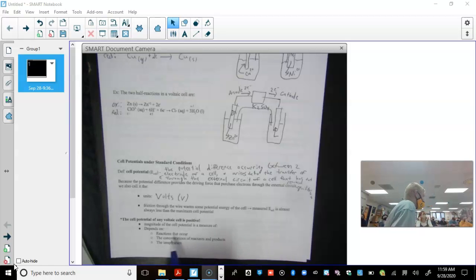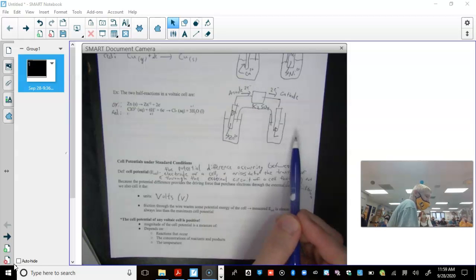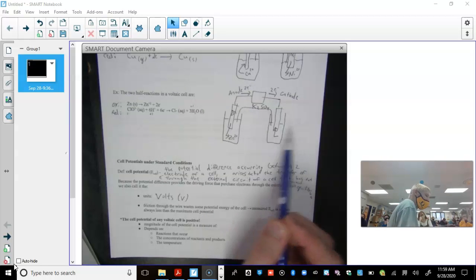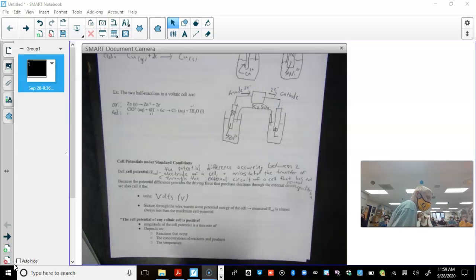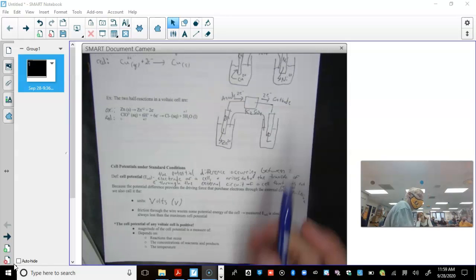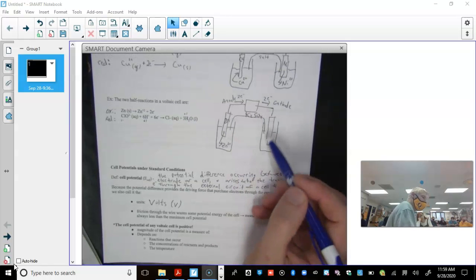So it depends upon the reactions, like the half reactions, is it oxidation reduction of zinc and hydrogen, or copper and nickel, the concentration, so the molarity has an impact, and then the temperature. Yeah, so all of the ions would just kind of pile up.